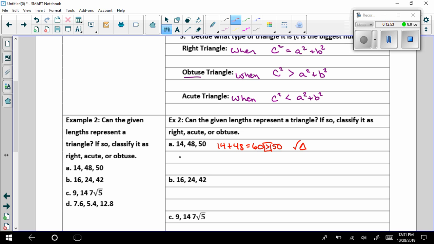So c squared is your longest side squared, which is 50 squared. So 2,500. A squared plus b squared is the sum of your shorter sides squared. So you type that in your calculator, you'll see that it's 2,500. Well, if I compare the two, 2,500 and 2,500, those are equal, so this is a right triangle.